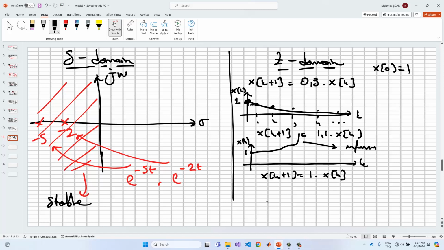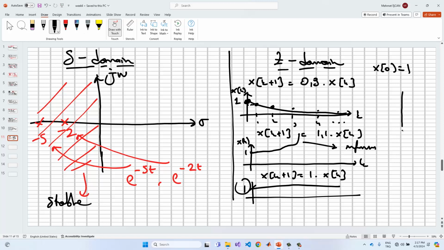Stable, right? And so we have the 1 value here. And so this represents what: if we use a value bigger than 1, we have an unstable region. Smaller than 1 is the stable region.